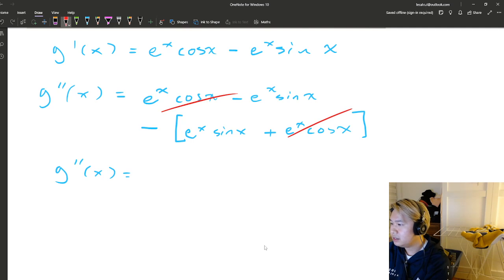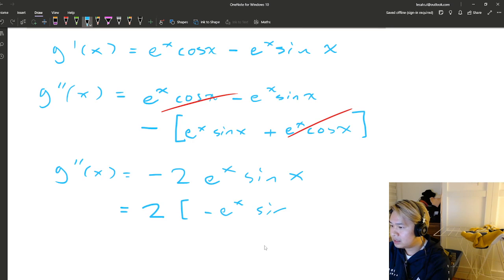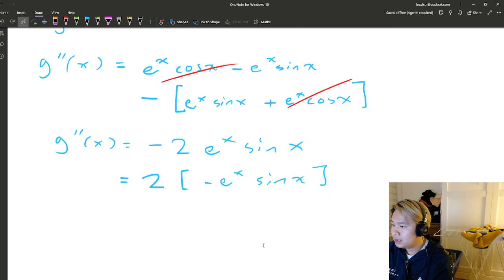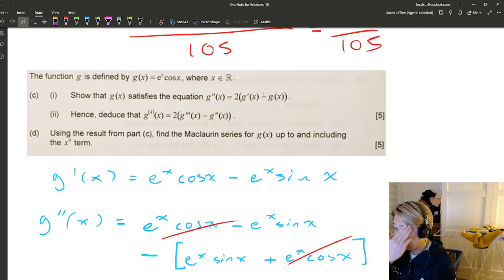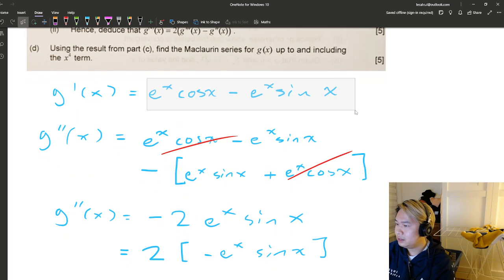So these cancel out. You will get negative 2e x sine x. And then this is equal to 2 times negative e sine x. And then this is equal to 2. And then I'm basically trying to show this, right? And that's easily done because I already know what g prime is from earlier, right here.